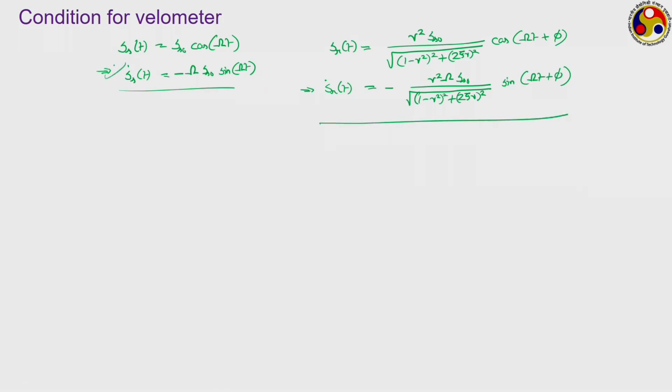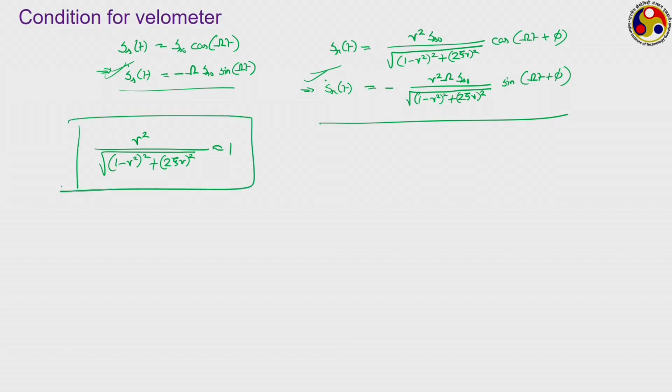This is what we are looking to measure, this is what we are getting from your system. In a situation when again the same term which we had for a vibrometer, that is r square upon the square root of (1 minus r square) whole square plus (2 zeta r) whole square, is nearly equal to 1, then what we have in this case?